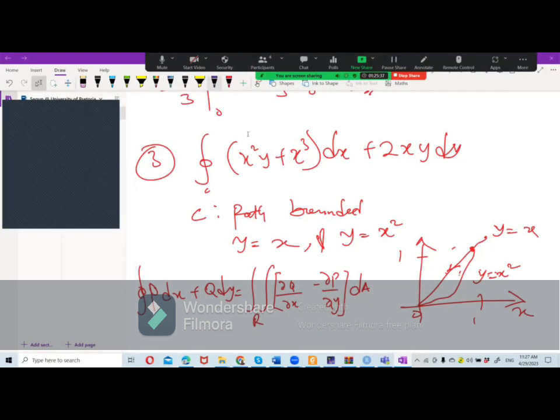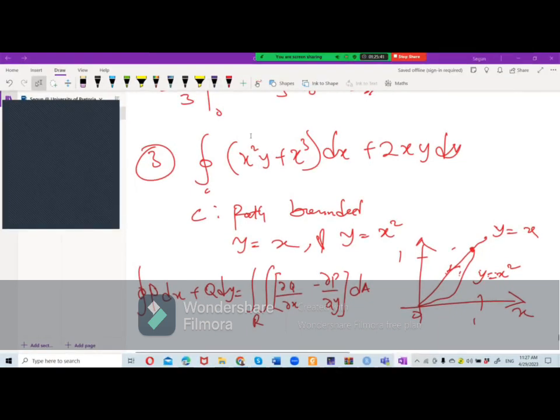So what did you get in your differentiation? What did you take as your P? Anybody? What is your P in this case? Look at the formula. Which one represents P from the formula?